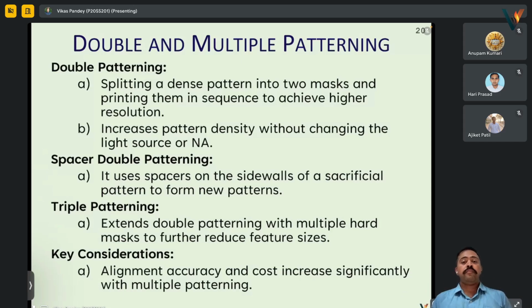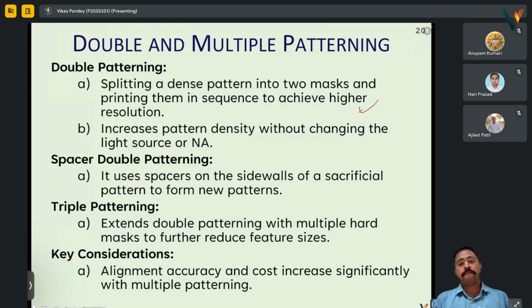Okay, so we can make these patterns in two sequences instead of one. Okay, so we'll get the higher resolution without them interfering with each other. If there is some dense pattern, then it was causing the problem. Now half of the density, if you are putting in one mask, half in another mask, so it will become much less dense and it will have no neighborhood effect.